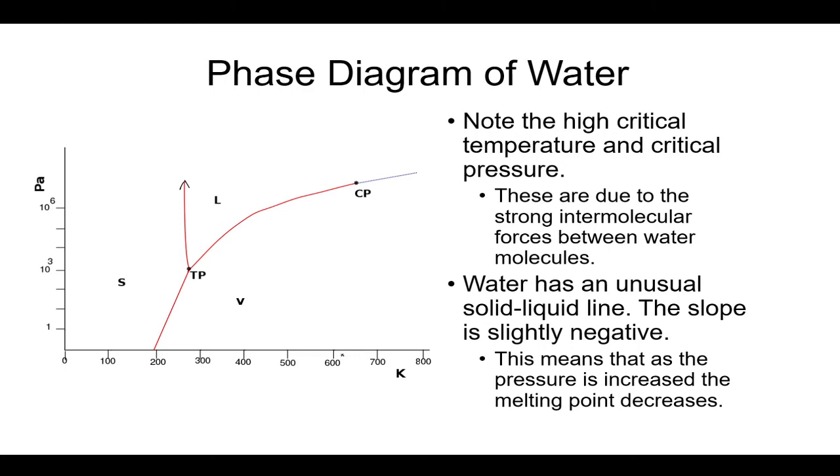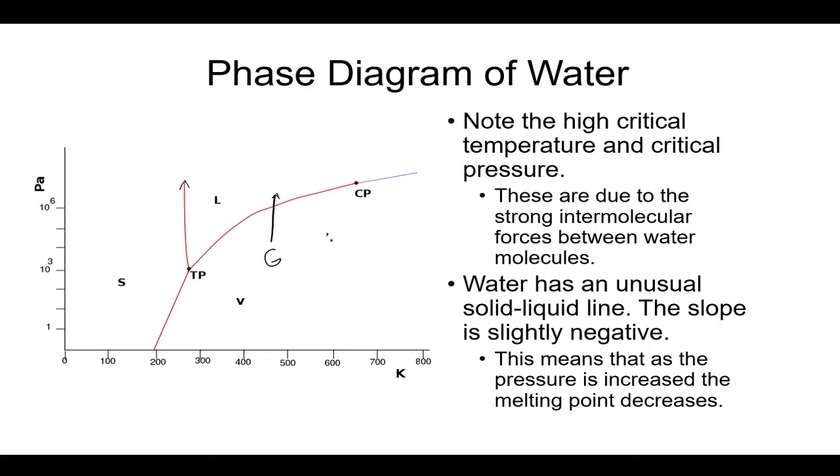Water does. And this critical point, you'll remember, is the point beyond which you cannot compress the gas into a liquid phase, right? If you're over here in the vapor phase or the gas phase, increasing the pressure is walking straight up the diagram, and you convert to the liquid phase, right?